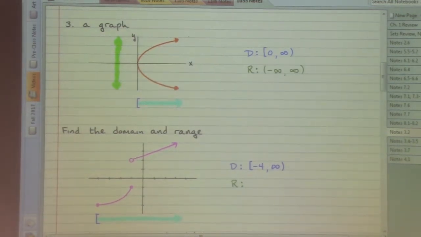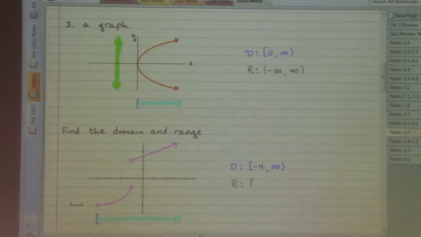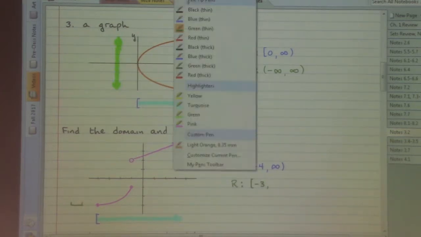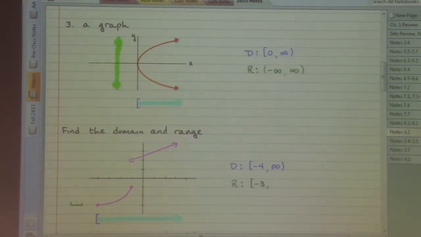The farthest down that we can go is that pink dot that we have. And if we count out the marks, that pink dot would be at the -3 marking. We can use our green highlighter and start coloring in as we move up, up, up.